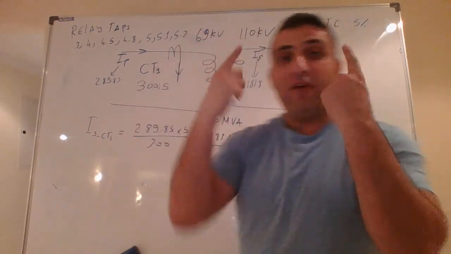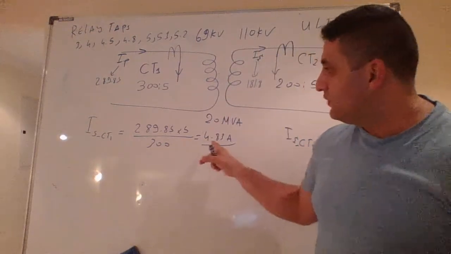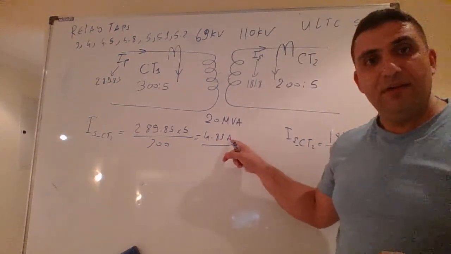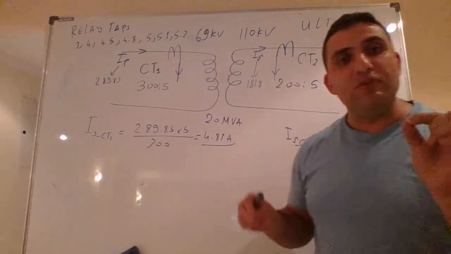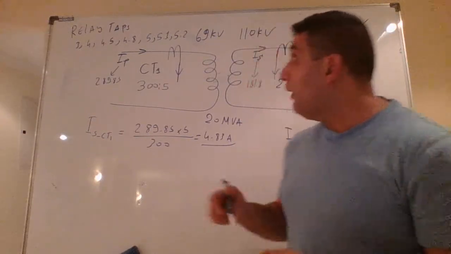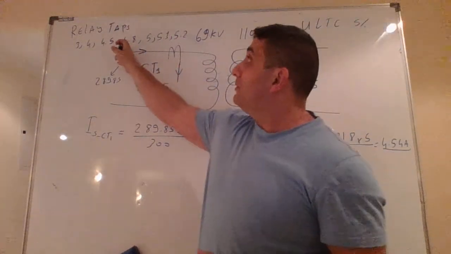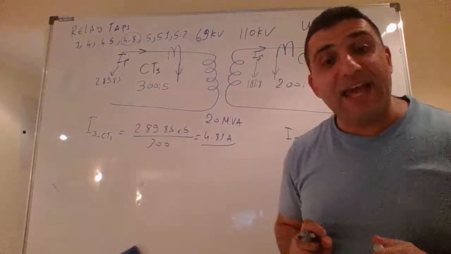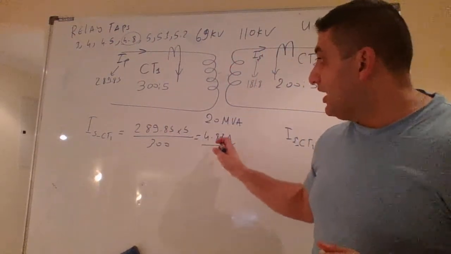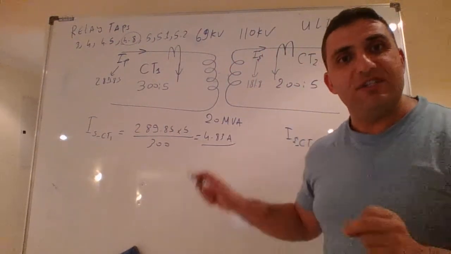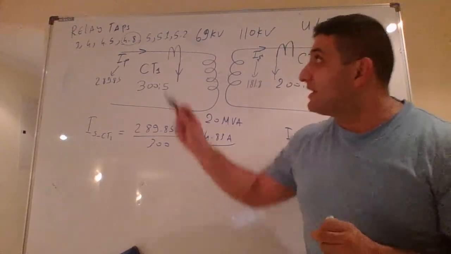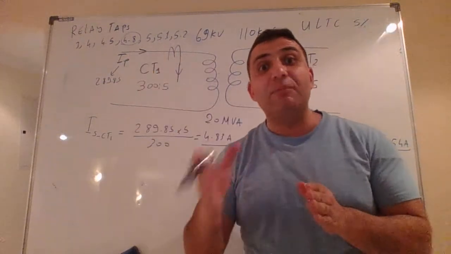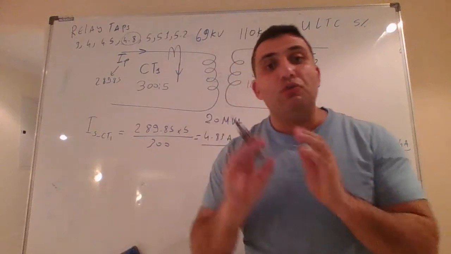If I have only 5 amps, can you see the difference between 4.83 and 5? There's 0.17 amp difference. However, if I choose the 4.8 tap, I have only a small error, which is 0.03 amps. That's why every relay will have multiple tap options to reduce the error.